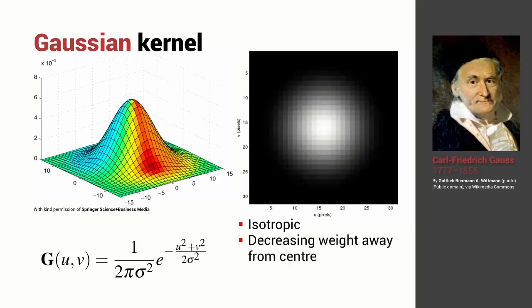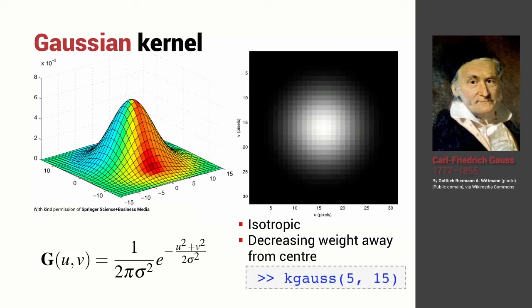If instead we represent this function as an image where brightness is proportional to height of the function shown on the left, we have an image that looks something like this. It's bright in the middle, and we can see that the intensity falls off uniformly in all directions. This is an isotropic function, and the weight decreases as we move away from the center.